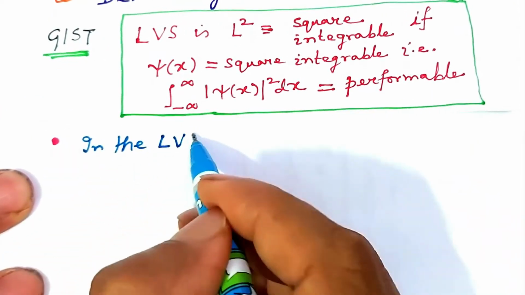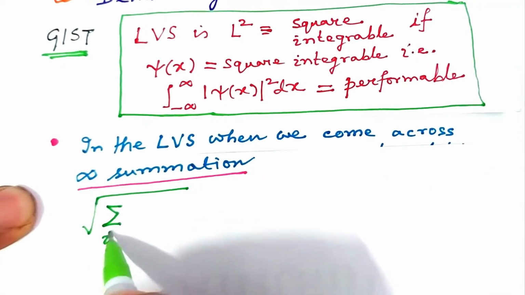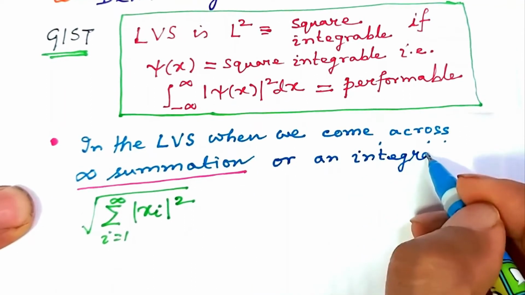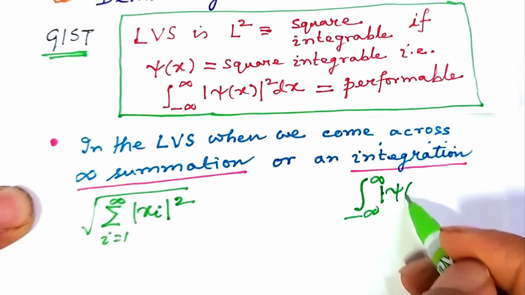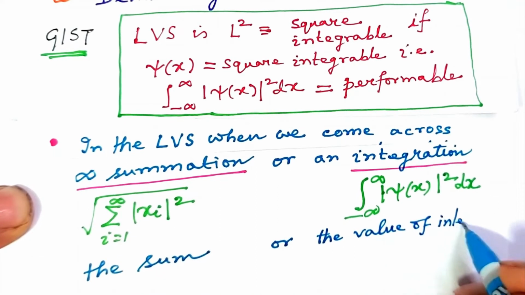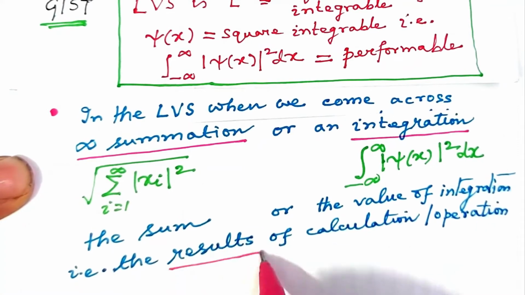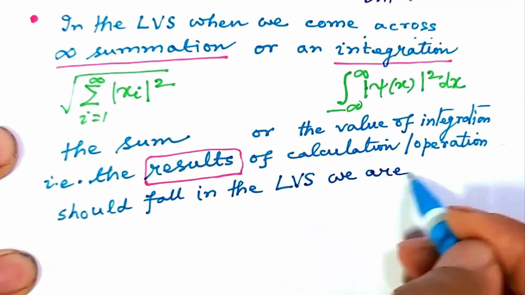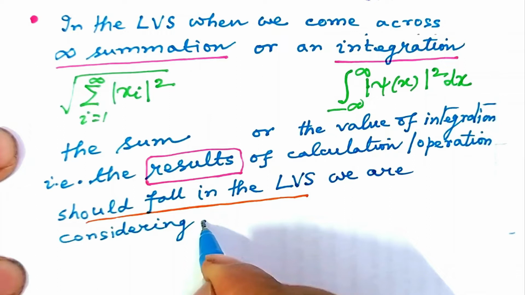In the linear vector space, when we come across infinite summation or integration where the limits involve infinity, maybe the integration is from minus infinity to plus infinity, then the sum or the value of the integration, that is the result of calculation or any mathematical operation, should fall in the linear vector space that we are considering, so that we are able to find them, deal with them.